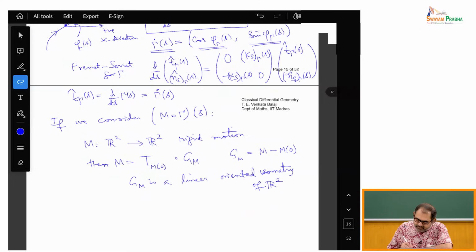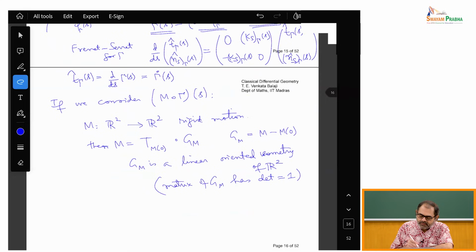Otherwise it will have determinant -1 and it will reverse the orientation. So in this case, the matrix of g sub M has determinant equal to 1. And so if you calculate d by ds of M circle gamma of s, it will be d by ds of M of gamma of s.